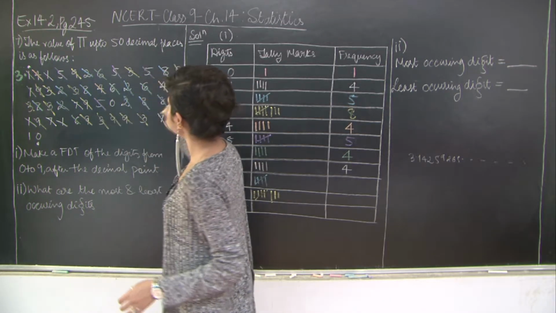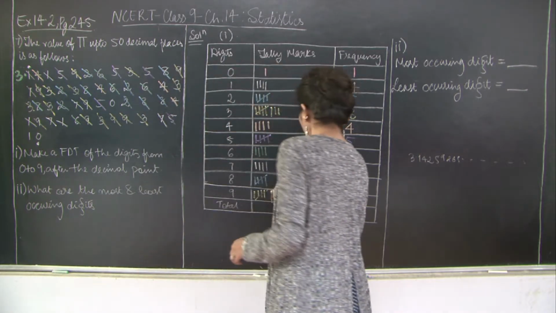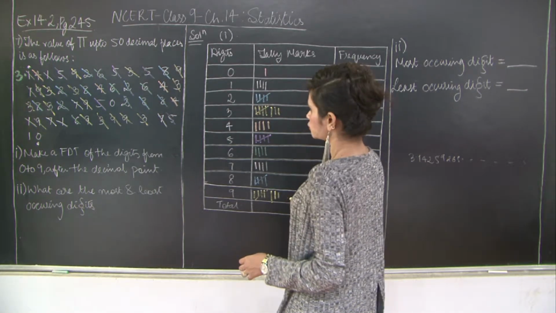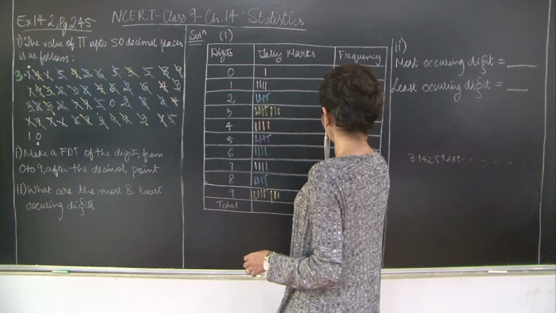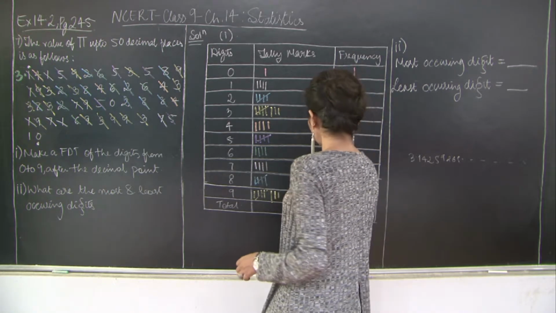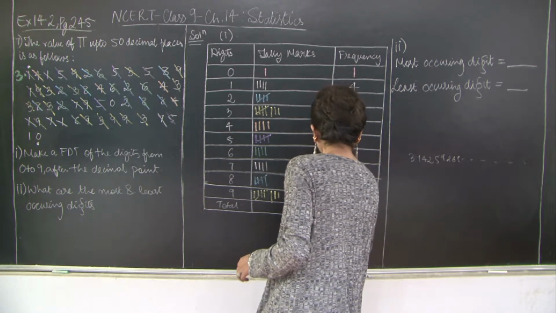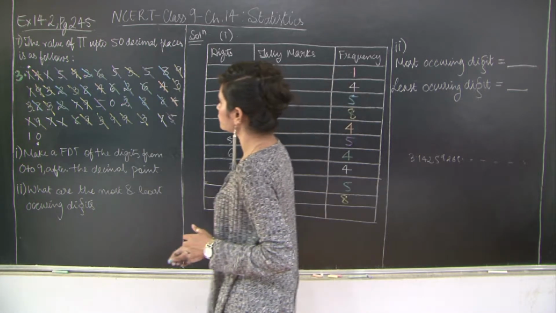So there is no more 9. So this is going to be 8. This was 5. And I see some values that have not been struck out.